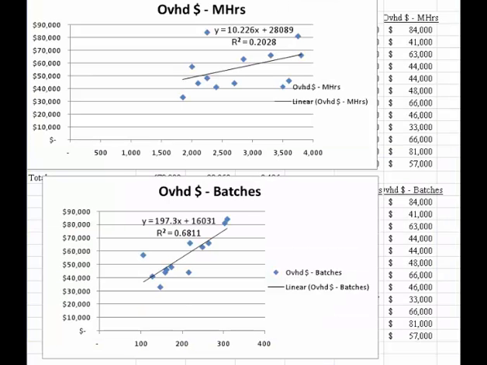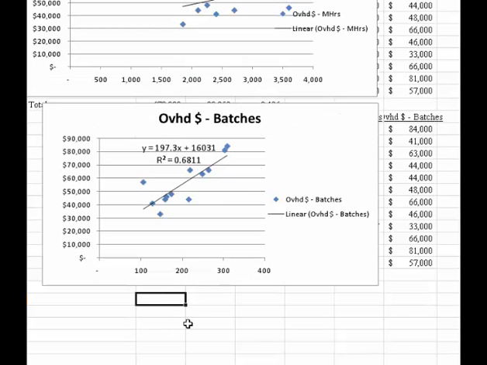Okay, so 2,600 or 300. We'll go back here to our graphs, and I'm going to slide a little bit, and we're going to choose batches. All right, so we know we're going to have a fixed cost of 16,031, right?